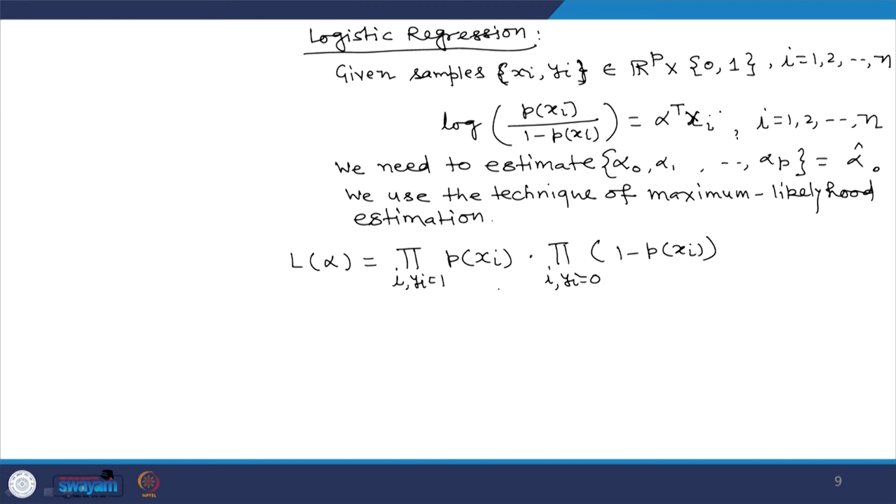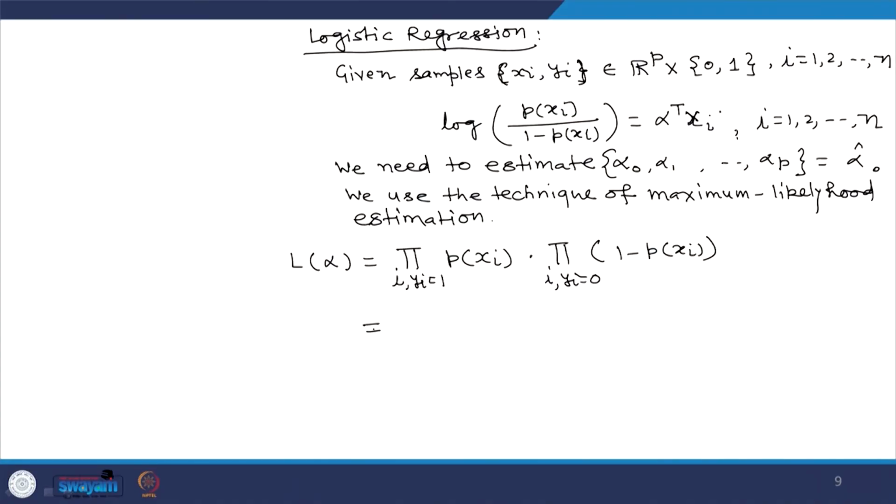And why am I doing 1 minus p(x_i)? Because here I have only 2 classes. So, if p(x) equals the probability of y equals 1 for a given x, then the probability of the same pattern being in class 0 will be 1 minus that, because the total sum is 1.